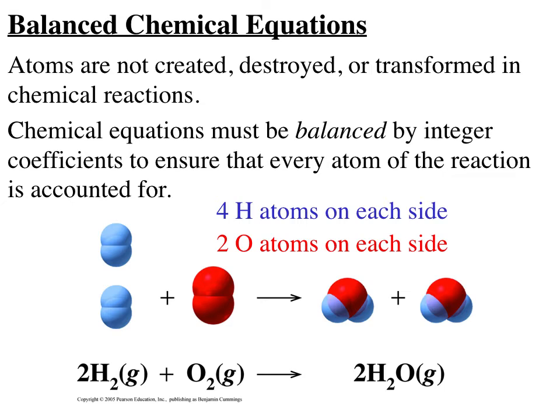Let's turn now to the symbolic description of chemical or physical change via what we call the chemical equation. Now, we use the term chemical equation much like you would in a mathematical sense, because in many regards, this is a symbolic mathematical equation.